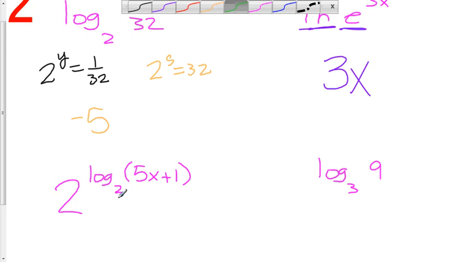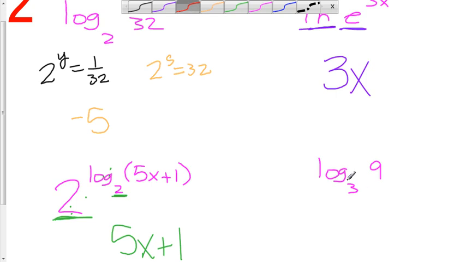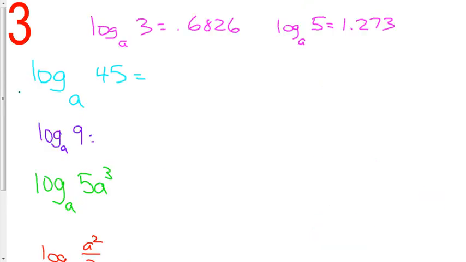Now with this one, 2 log base 2 of 5x plus 1, because our base and this base are the same, these two things are inverses of each other, so we would just be left with 5x plus 1. And finally, our last one here, it is saying 3 to what power is 9, and that is 2.